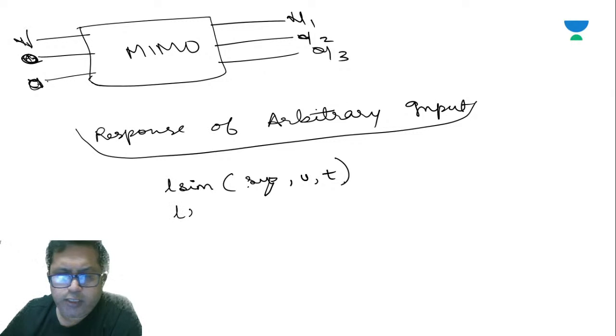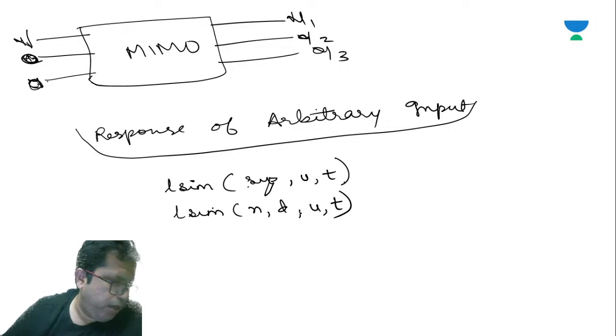This is the syntax: LSIM numerator comma denominator comma input comma variable t.